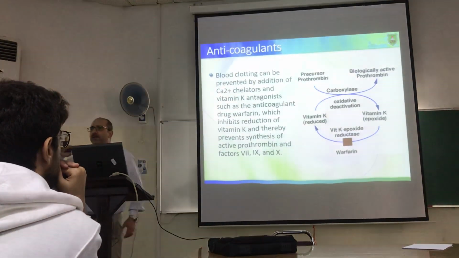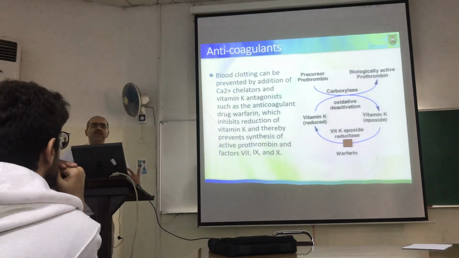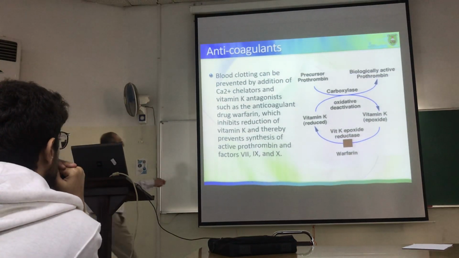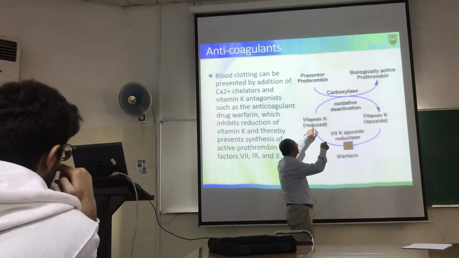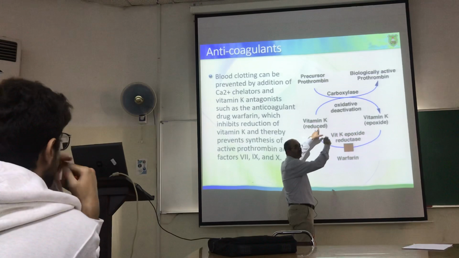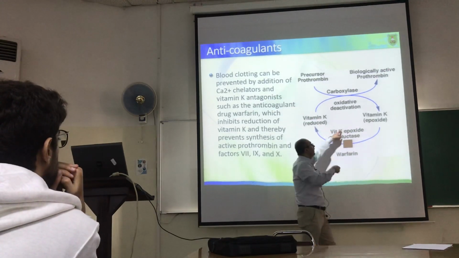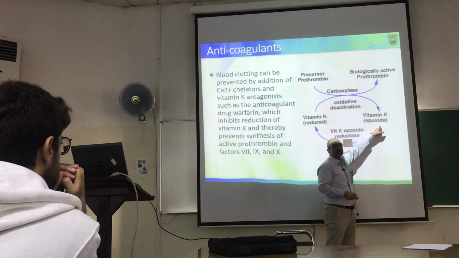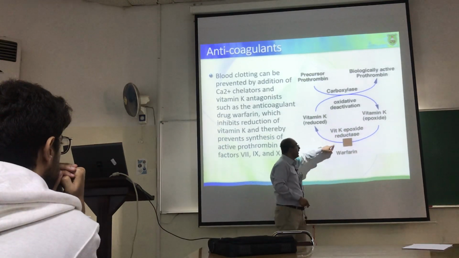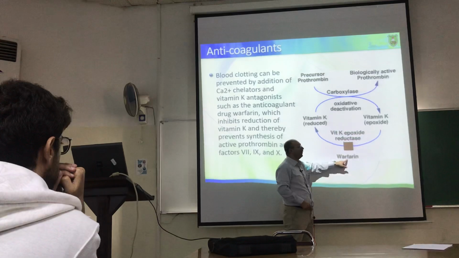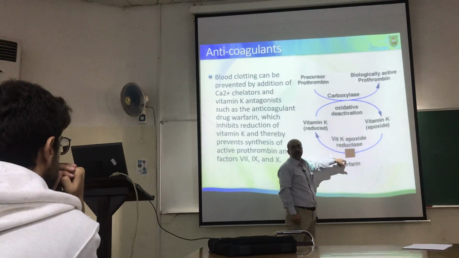Now, going back to vitamin K, I said that vitamin K must be reduced in order to activate the carboxylase enzyme so that we have carboxylation of glutamate. But vitamin K must be regenerated by another enzyme, a reductase. Now, this reductase can be targeted by warfarin.